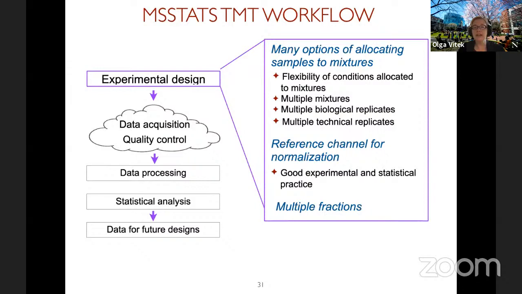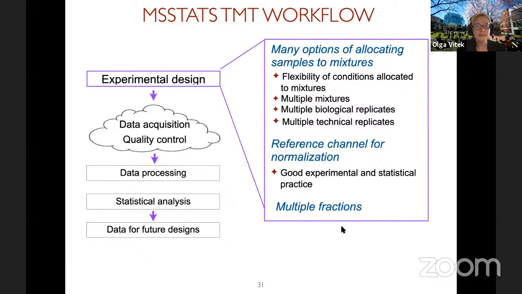But it also helps, for example, if it just so happens that the protein is low abundant in all the biological samples, at least the reference channel will be abundant enough to help this ion be selected for fragmentation in the mass spectrometry run. And of course, many experiments actually have multiple fractions, which is fine too. MSstats handles multiple fractions in a very natural way.